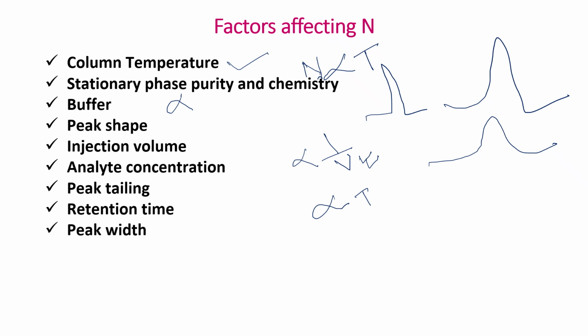Theoretical plate is inversely proportional to peak width. Means when peak width decreases, theoretical plate will increase. When peak width increases, in that case theoretical plate will decrease.